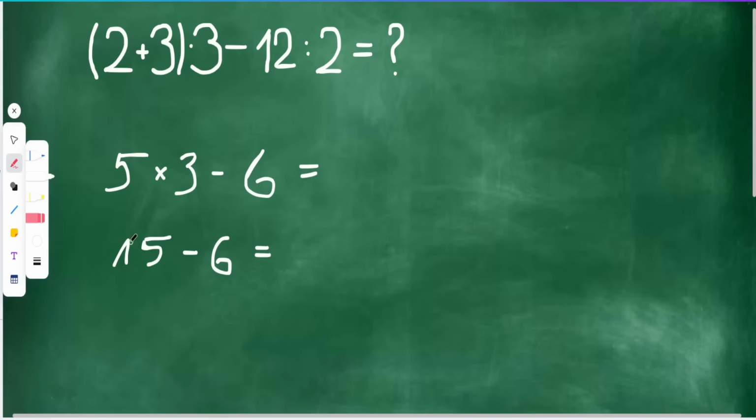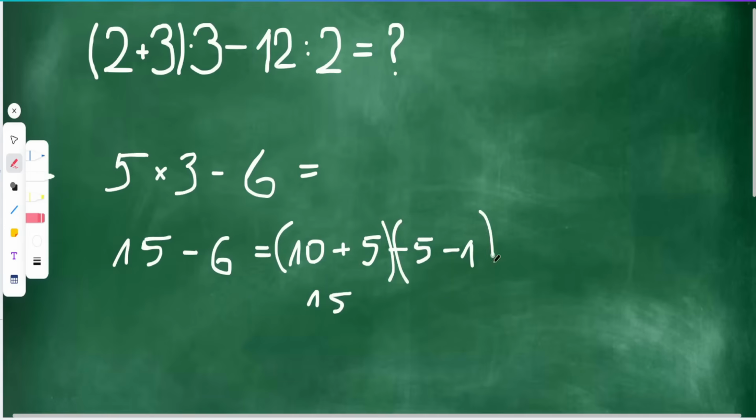you can easily write it down. For example, 15 we can write as 10 plus 5, while minus 6 write as minus 5 minus 1. This is our 15. This is our minus 6.